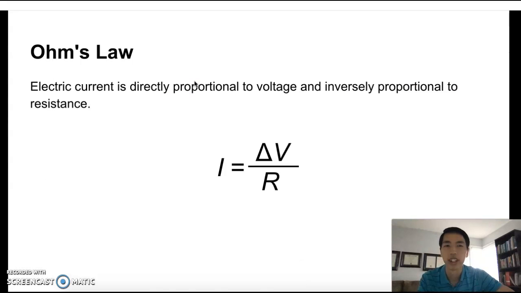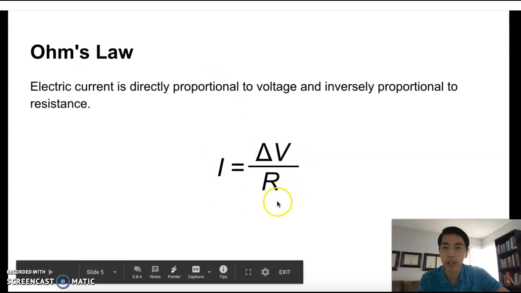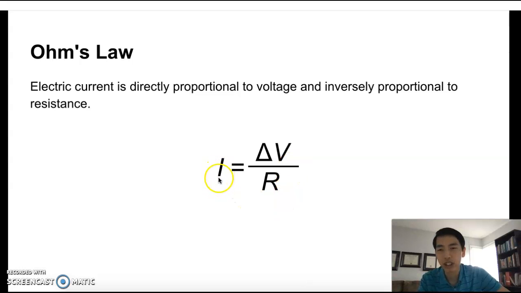All right, so this is the last slide here. That formula I was talking about, you can only decide your current by deciding the voltage and resistance. The voltage is decided by the power source. You choose the power source to decide your voltage.